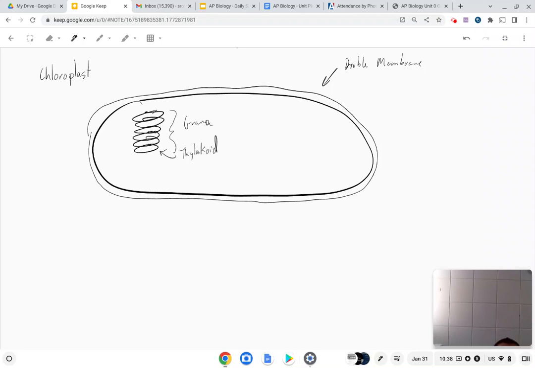Now, the thylakoid happens to be, well, let's say a few things about it. It is the location of the light-dependent reactions, and it contains chlorophyll.